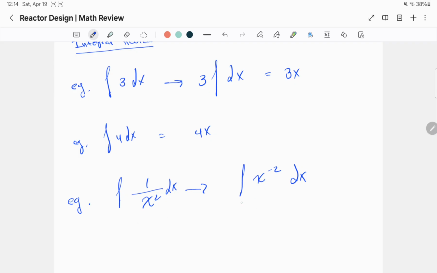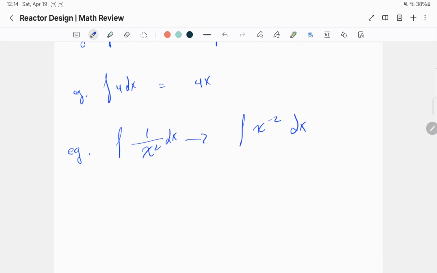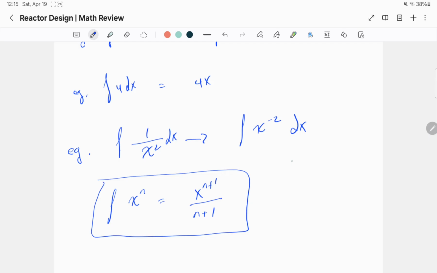So the integral of x to the power of negative 2 can be solved using this law here, which is the integral of x to the power of n equals x to the power of n plus 1 over n plus 1. So let's apply this rule on this example.